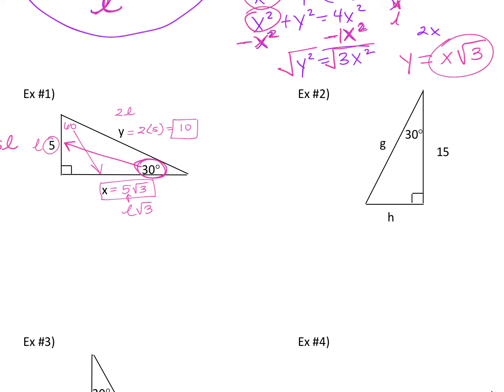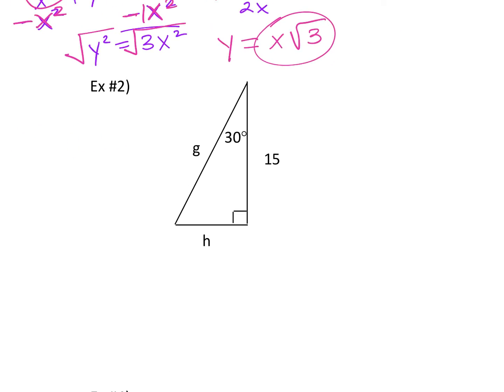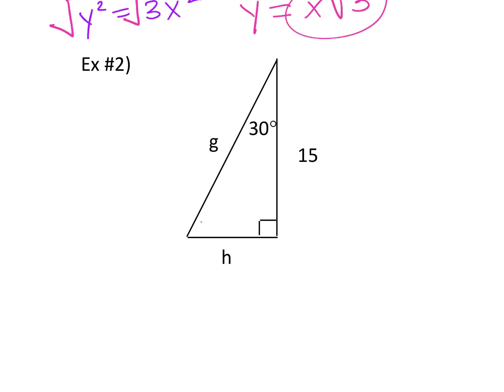Example 2. This is probably the most difficult setup with a 30, 60, 90, is when they give you this side. Notice it's the side across from the 60 as a whole number. Okay, because normally that side is our what side? L rad 3. So this is our L rad 3 side, but it's equal to a whole number.